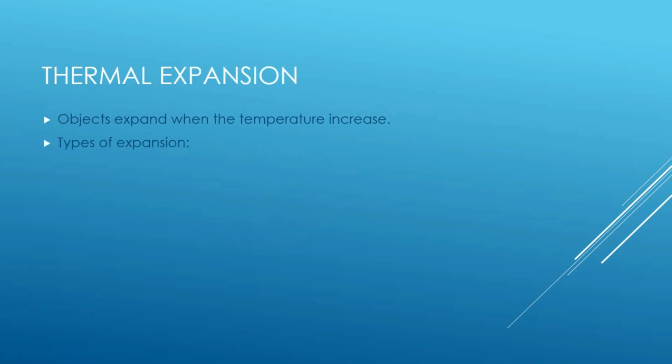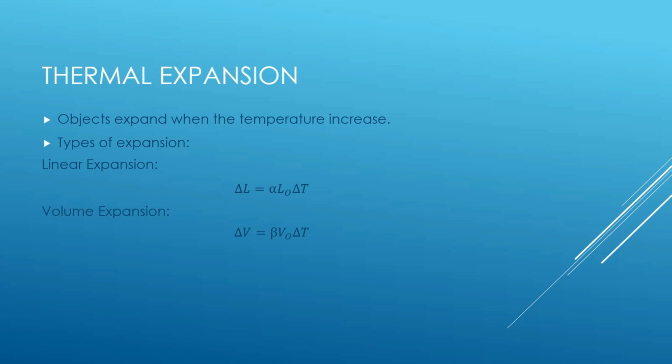Next, thermal expansion. Objects expand when temperature increases. Types of expansion: linear expansion and volume expansion. These are the formulas when finding the linear and the volume expansion.